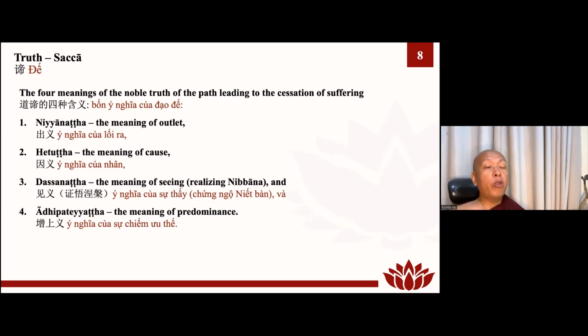They are also a predominant factor to know Dukkha Satya and Samudaya Satya. So here we have to classify into 2 different parts. When we are practicing, we also can know 4 noble truths with insight knowledge.